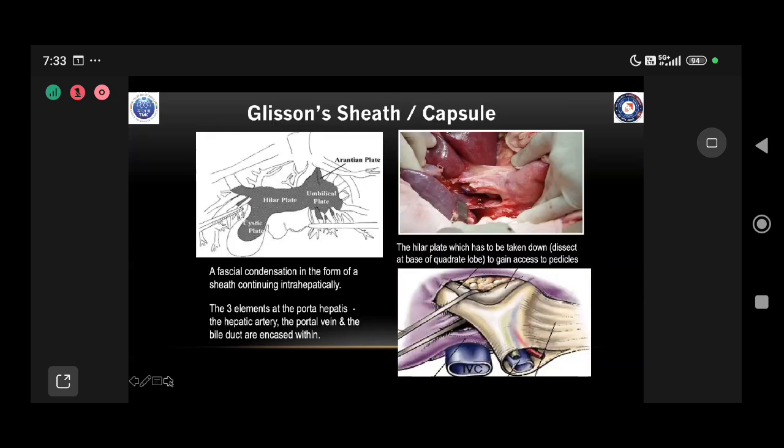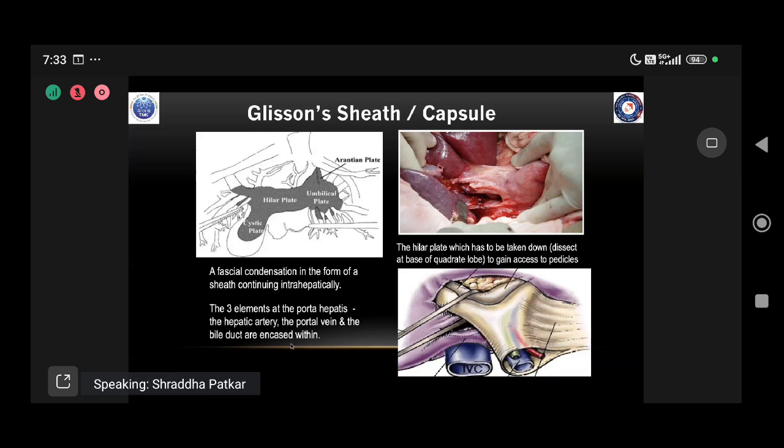Glissonian sheath is something which the Japanese are very famous for propagating, the principles of a Glissonian resection based on this. It is basically just a fascial condensation which occurs at the hilar plate, and it includes all three elements, that is the hepatic artery, portal vein, and the bile duct.